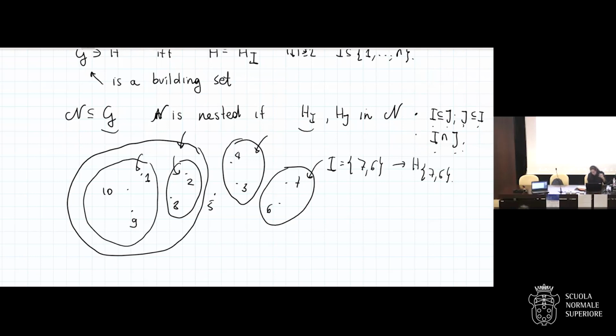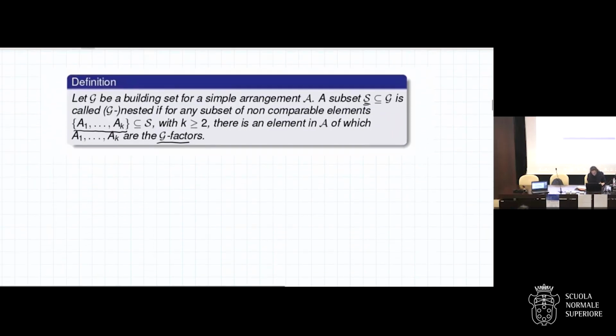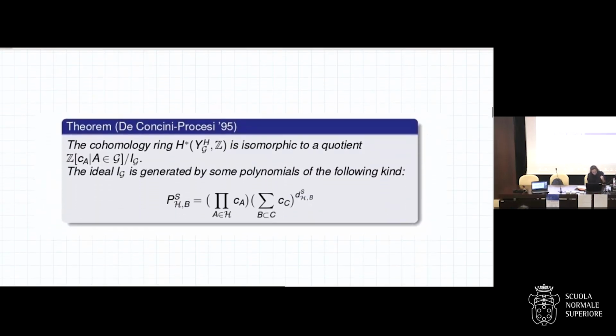Now, as I had anticipated, we want to use this definition of building set and nested set to give a description of the cohomology of this variety. So we have this result from De Concini and Procesi that describes the cohomology ring of the wonderful variety as this ring.